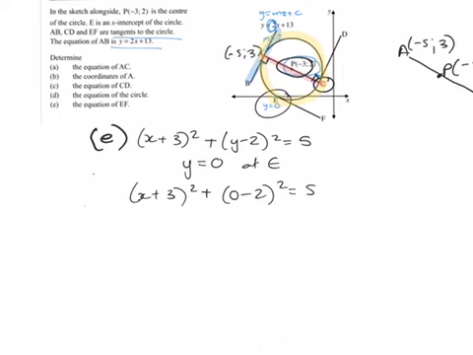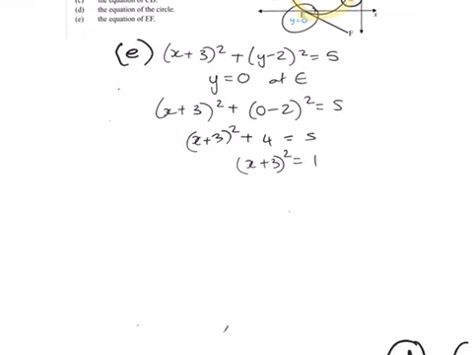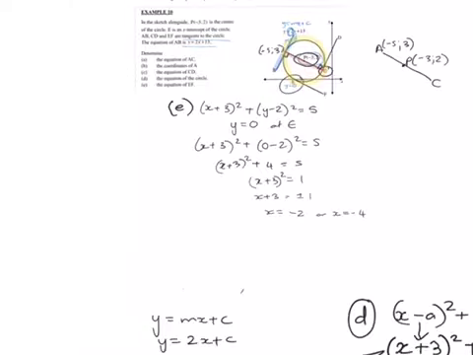Then we can solve for x, and we'll have a point of whatever the x value is and 0, and then we can work out our gradient and use our y equals mx plus c. All right, so if we sort out all the numbers and get the constants to one side, then all I have to do is square root both sides, which is plus minus 1, so we're going to get x is equal to -2, or x is going to equal -4.